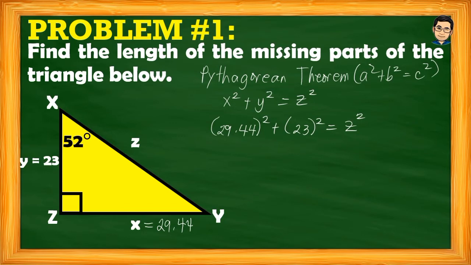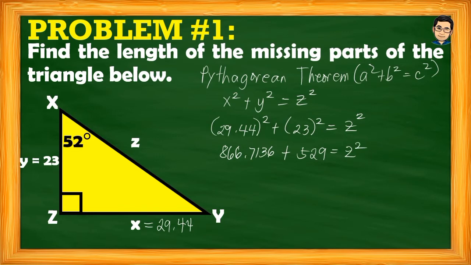So we just get the square of 29.44, and that is 866.7136, plus the square of 23, that is 529. Then we just add them.